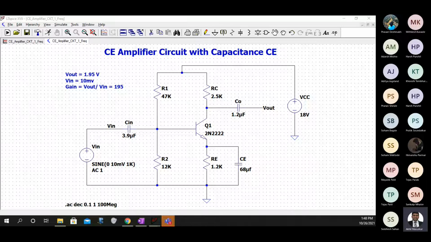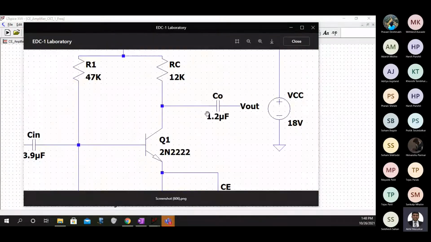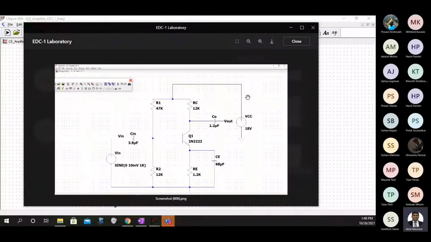Prasad, you only tell me what is the error. Yes, so can somebody tell me what is the error here? You can unmute and tell. Anyone? What's wrong?